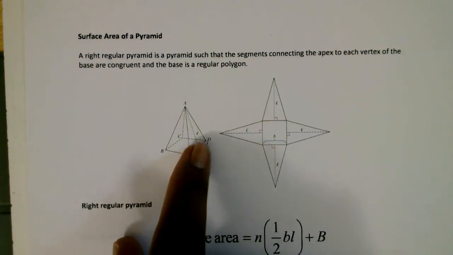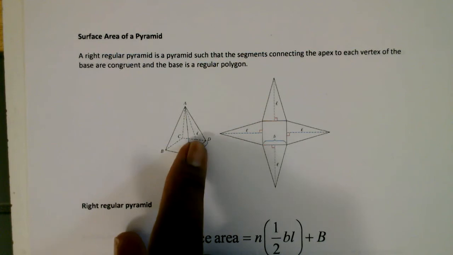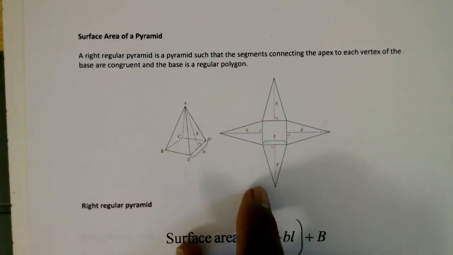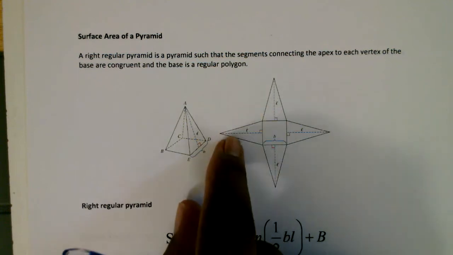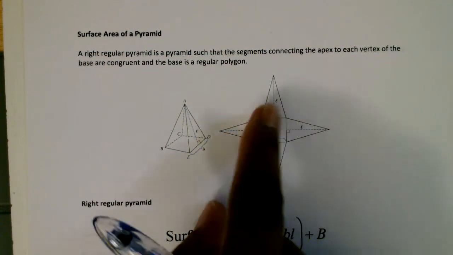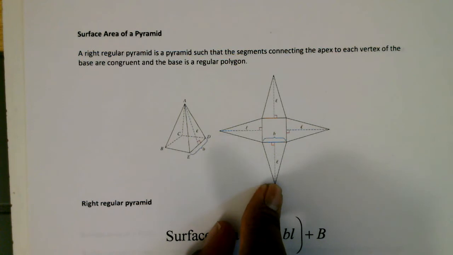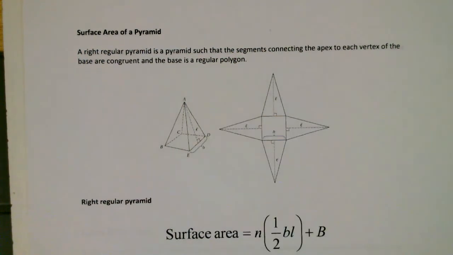So here we have a regular polygon at the bottom. And if you were to flatten it out, it would look like this. So here you will have pretty much these 4 triangles. Your base is going to be the square.